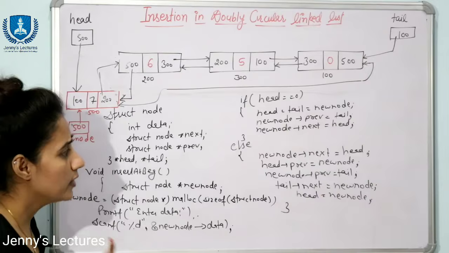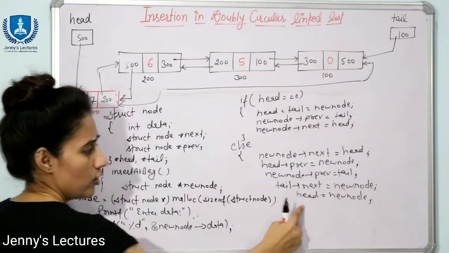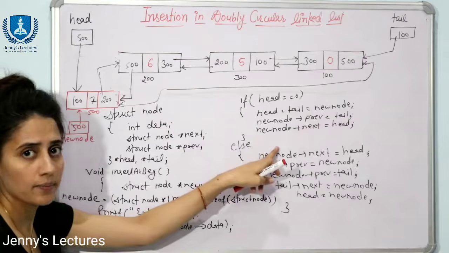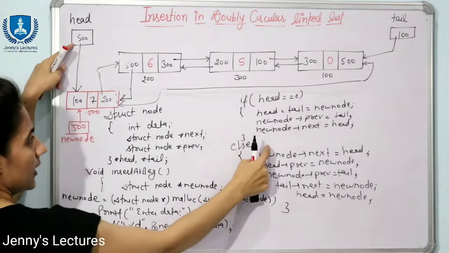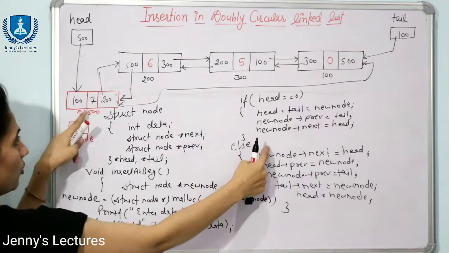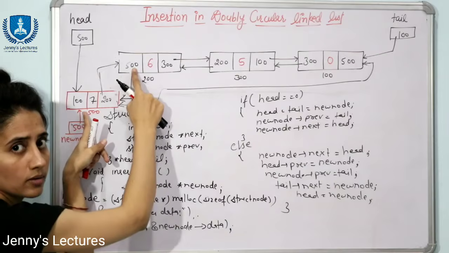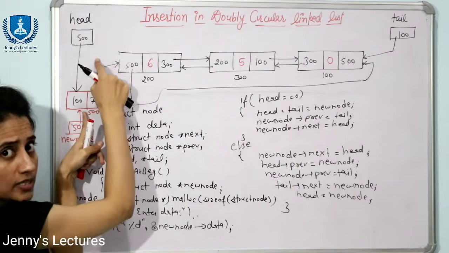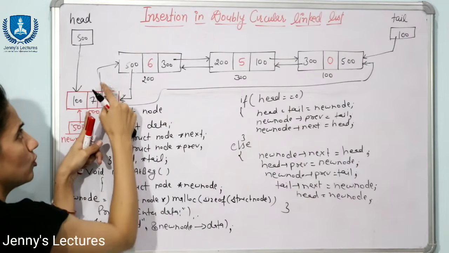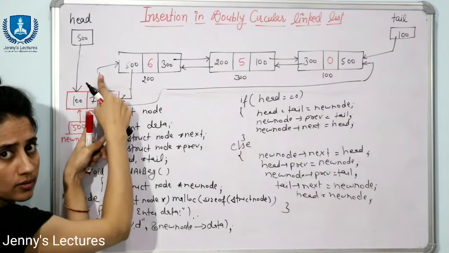But what you need to take care is, this head is equal to new node, this you cannot update first here, because if you have updated head is equal to new node at starting here, means head is now pointing to this node. Now how you will access this thing? Fine, because we have broken this link, and this node is also not pointing to this node because we haven't set this link, right?